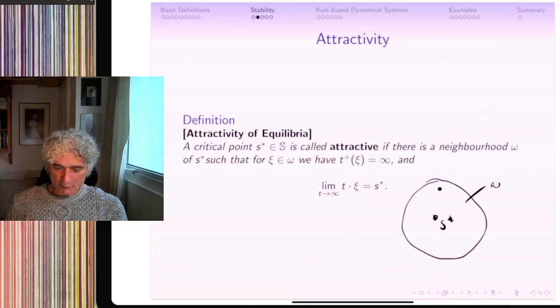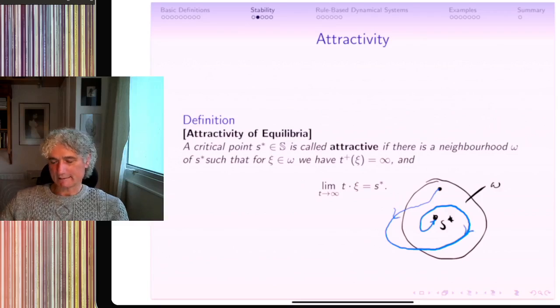So we know the existence time for all these xi's is infinity, so we can go on forever. So we could actually first even leave the neighborhood omega of s star, but eventually, because the limit must be s star, we must actually converge to s star.